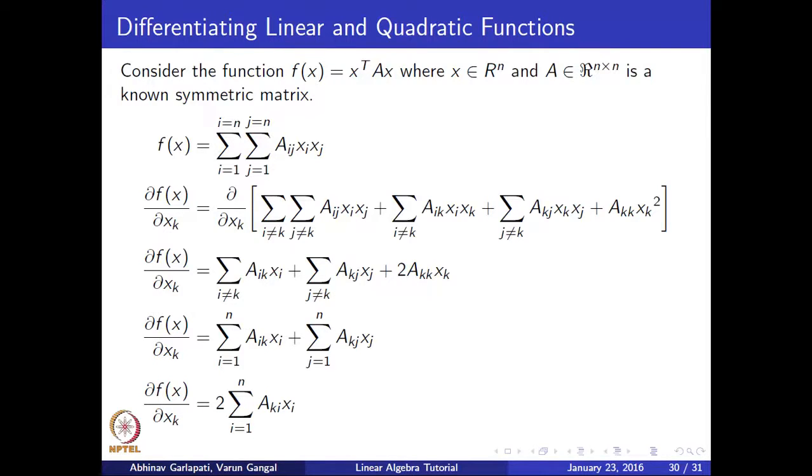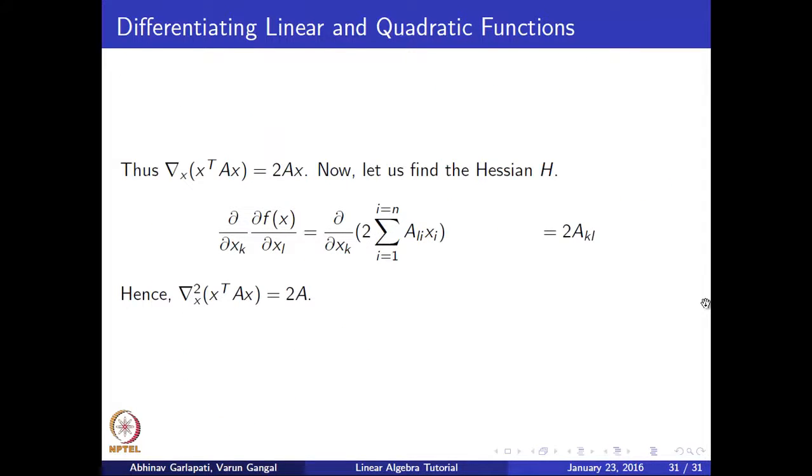Finally, we get partial f of x by partial xk equal to twice the sum over i equals 1 to n of aki xi. Note that the simplification from the second last step to the last step can only be done if A is symmetric. Thus, we get the gradient of x transpose Ax as equal to 2Ax.